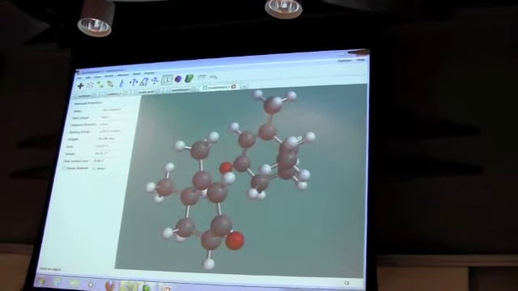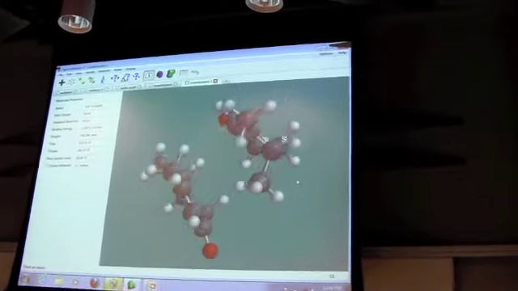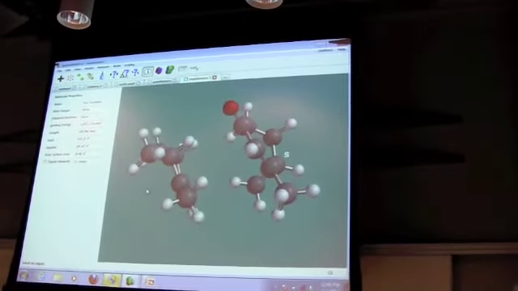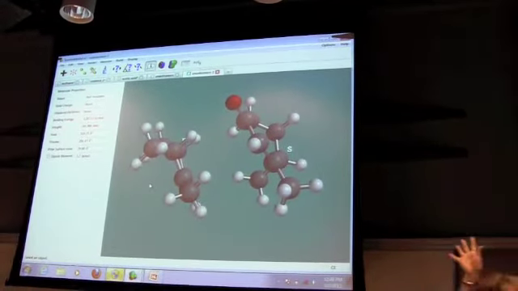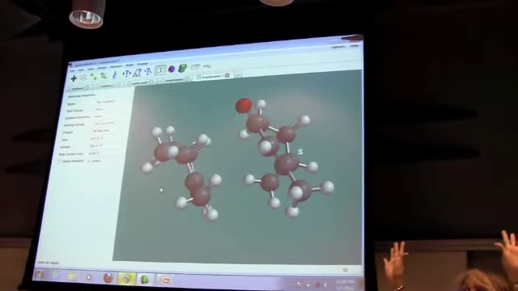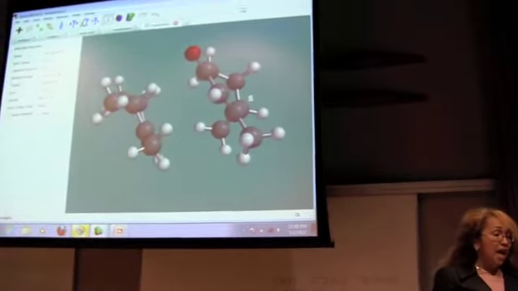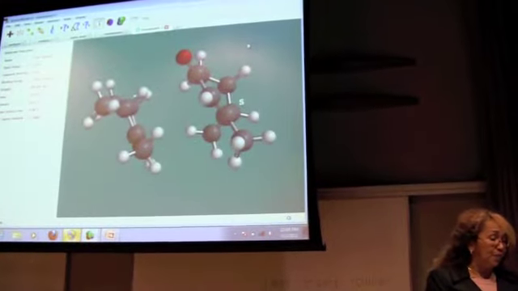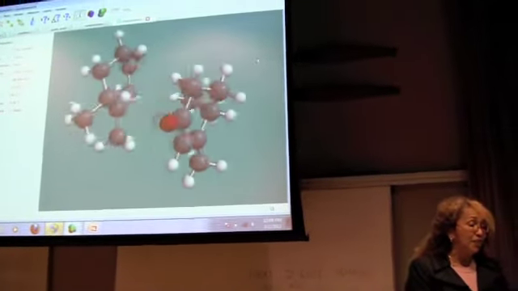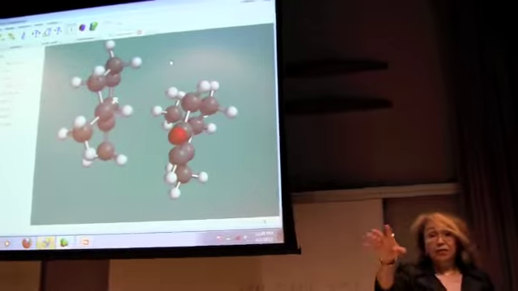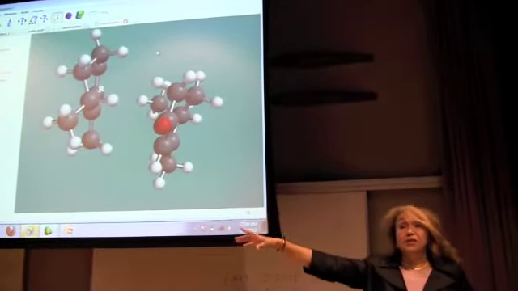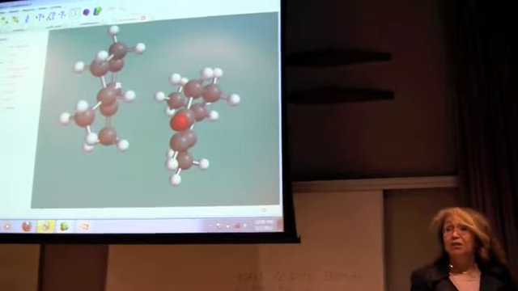Okay, so again, what are enantiomers? Mirror images, right? Like my hands. And so it's very difficult to figure out if it's the R or if it is the S. For OChem students, it's very difficult to figure out.